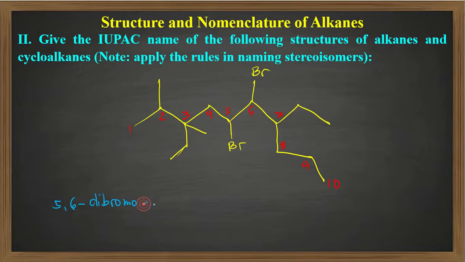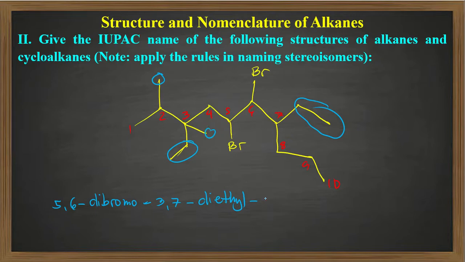So, meron din tayong dalawang ethyl. Okay? In carbon number 3, this one, this is an ethyl. Another ethyl here. At saka in carbon number 7, so that will be 3,7-diethyl. Ayan. Then followed by methyl. Dalawang methyl in carbon number 2 and carbon number 3.